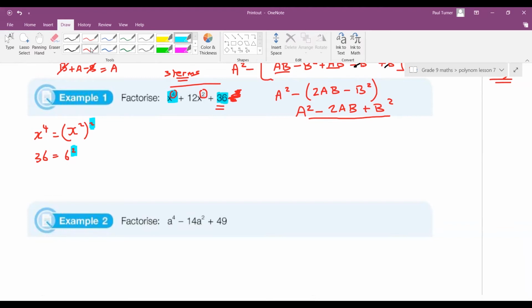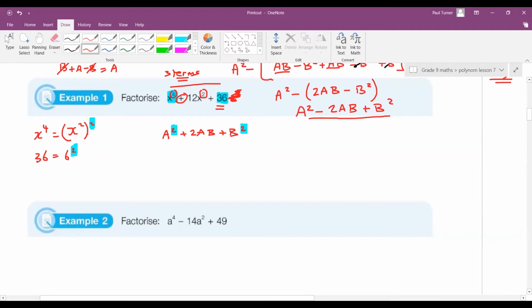And we notice that we've got a plus here. So let's think about our rule. So we write our rule down: a squared plus 2ab plus b squared. Because we want powers of 2, we can't have powers of 4. So that's why we changed to powers of 2 here to match up.